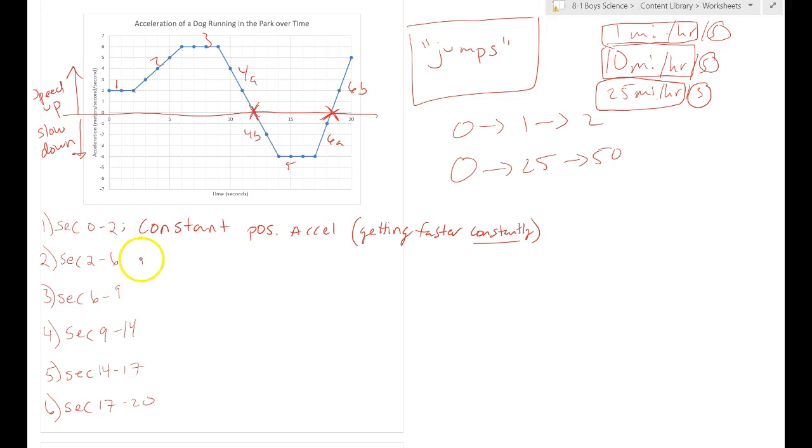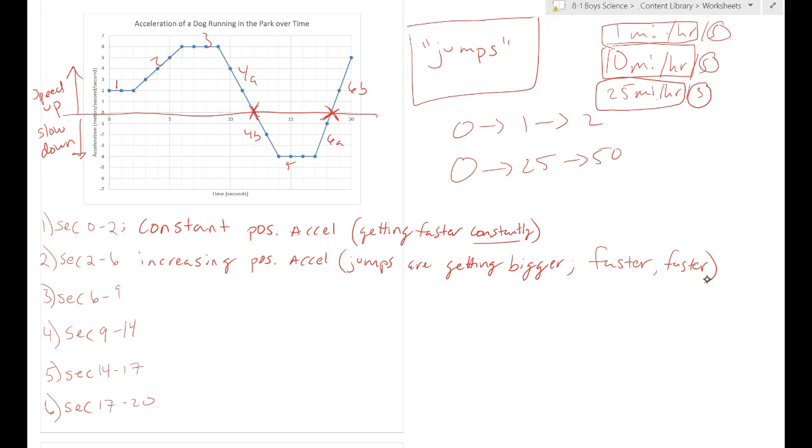So it's an increasing positive acceleration, which means our jumps are getting bigger, or we're getting faster. Right? Weird thing to say, you're getting faster, but it means you are speeding up more quickly, which is another thing you could write down, right? There's lots of ways of explaining that line here.